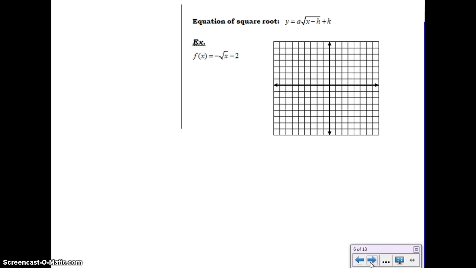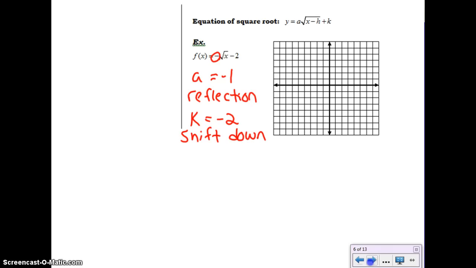All right, this first one, you'll notice that you have an a value of -1. If our a value is -1, that means we have a reflection. We also have a k value of -2. And that means we shift down 2 units.